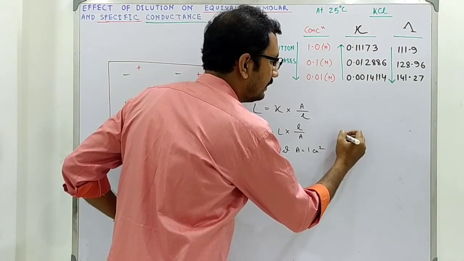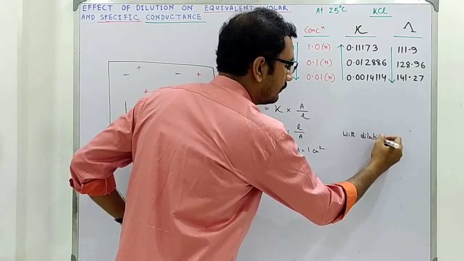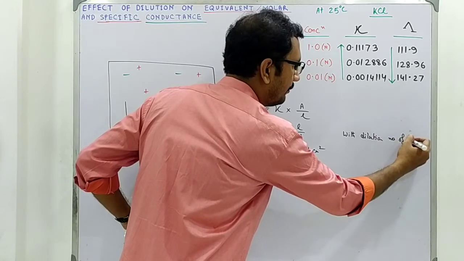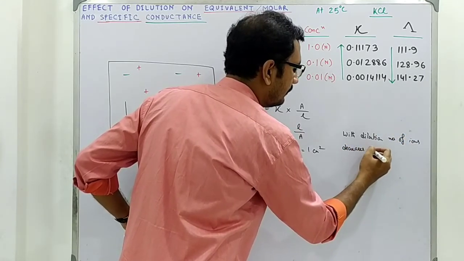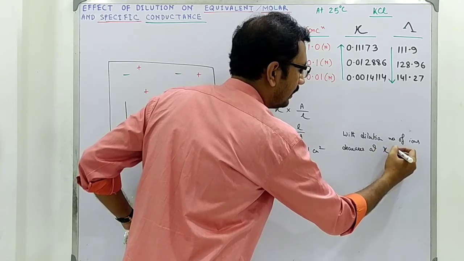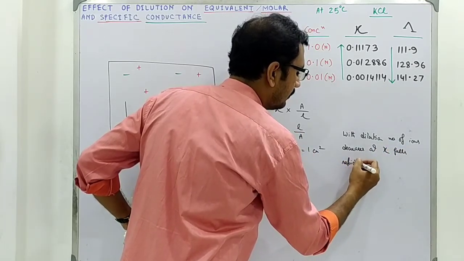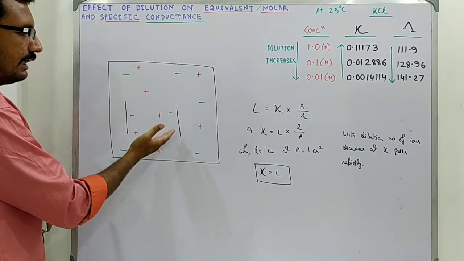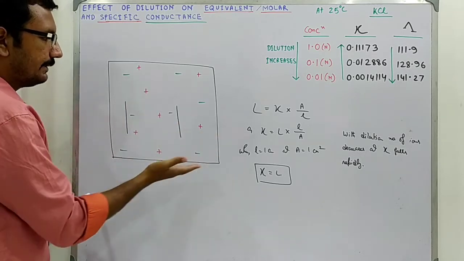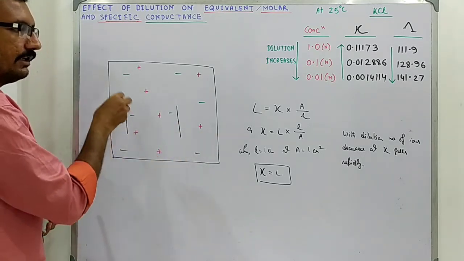So, with dilution, the number of ions decreases and kappa falls rapidly. The ions are responsible for conductance, and those factors are missing. The number of ions is getting reduced rapidly.